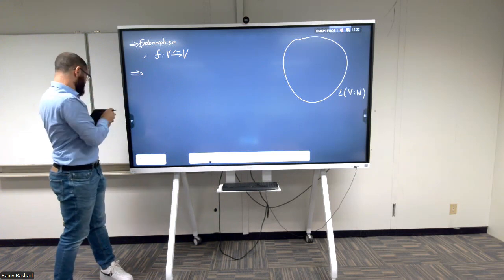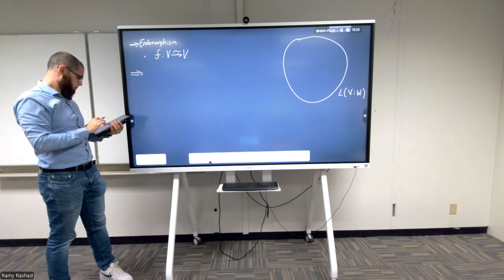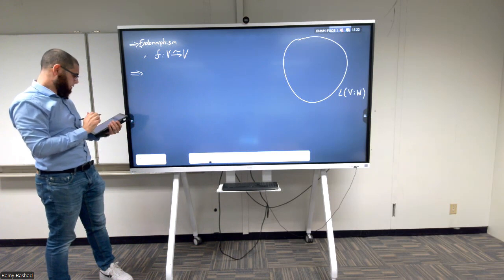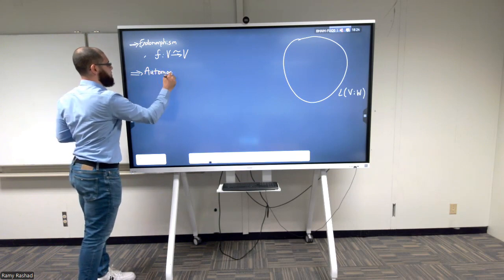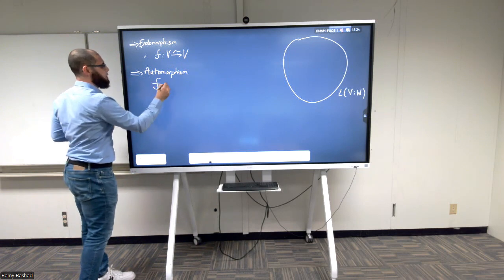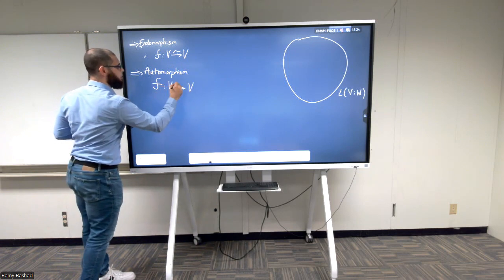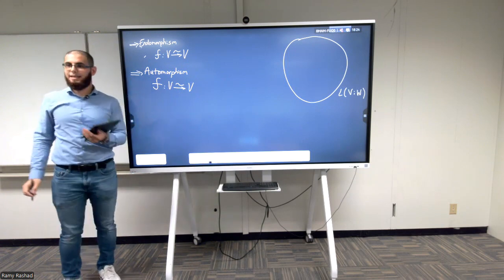We would call a map F, an automorphism, between V and itself, and it's linear.